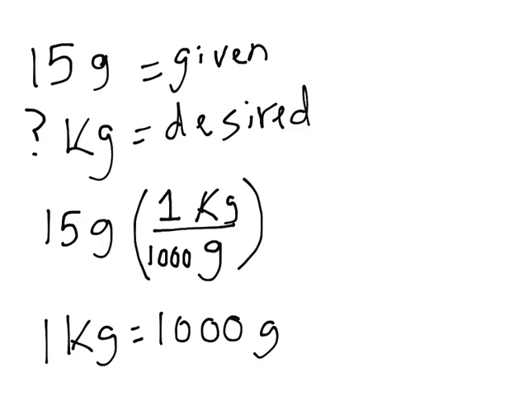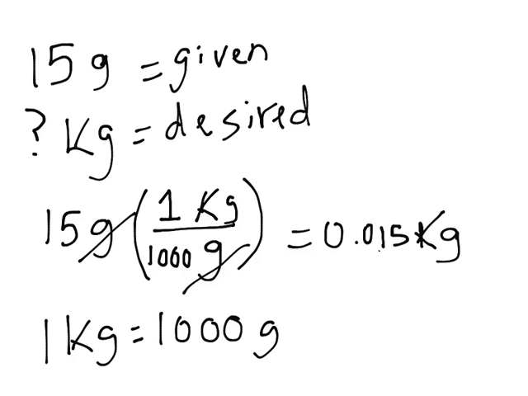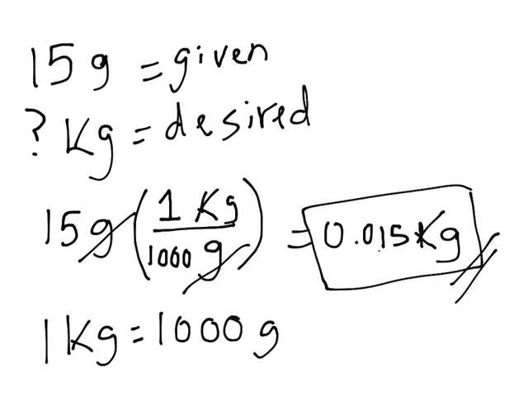And like always, the grams will cancel with the grams, and you will be left with kilograms of something. So it will be 15 over 15 times 1, which is 15 over 1,000, and that is 0.015 kilograms, and that would be your answer for that conversion. This is a very simple conversion. You will most likely have to make a lot of these if you're working with mass, because kilograms is the unit you usually use for mass, not grams.